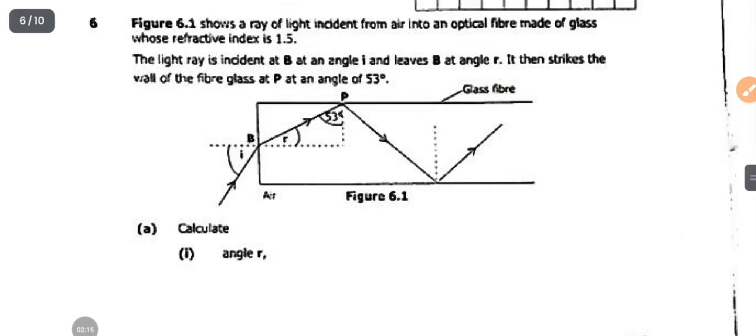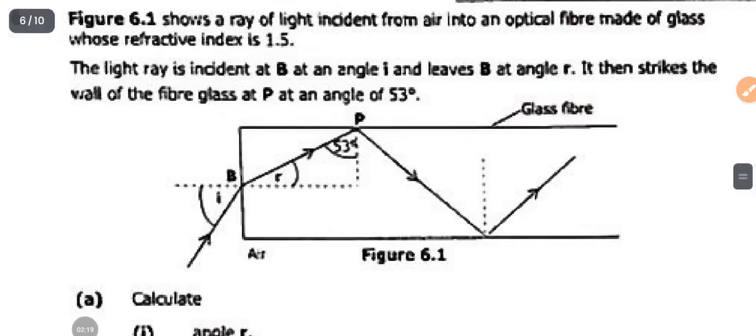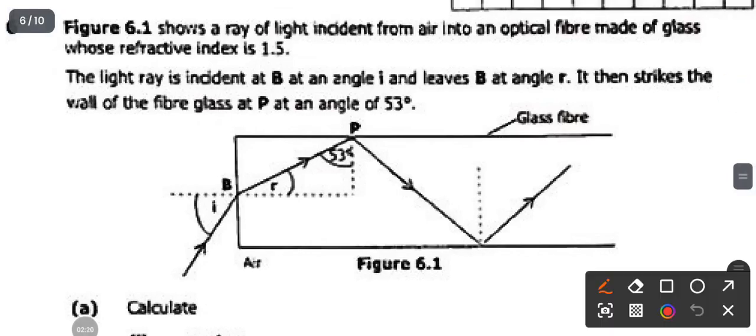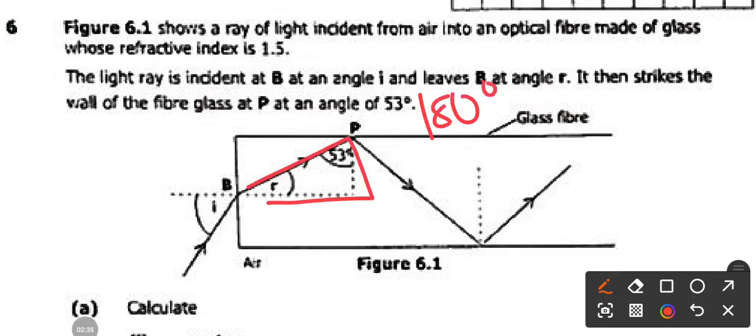To calculate the value of angle R, we'll use the property of a triangle that says the sum of interior angles in a triangle should equal 180 degrees. So what do we have?